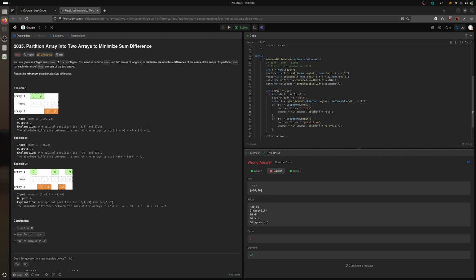I don't understand this a little bit. So I search for... well, if I split them into 36 and minus 36, I get 72, and if I split them like this, I get a negative 36, and then 36 is the difference.